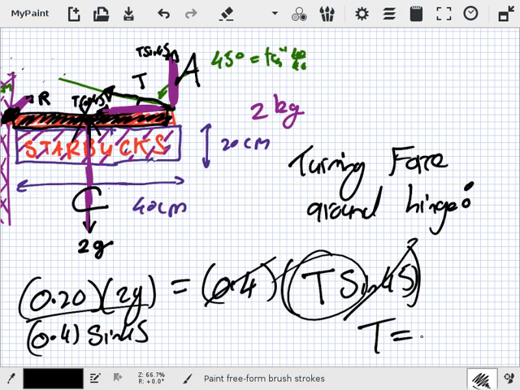I think I got it. What you got? 6.94. I was way off. 6.94 newtons, you reckon? 2G is about 20. The fifth of 20 is about 4. 13.87. Actually, that's what I was thinking. It was around 14. Sorry, 13.87.